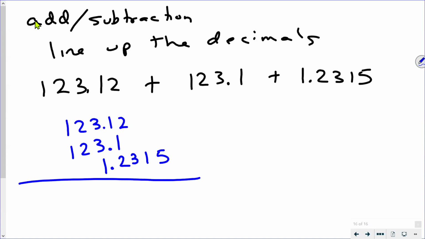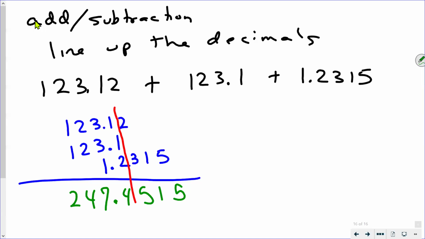This is the subtraction rule: line up the decimals. Addition and subtraction rules are different from multiplication and division. So I need to figure out, where do I stop? Addition and subtraction says I look for the number that has the least number of digits after the decimal, and that's where I stop. So that's a 5, that's a 1, that's a 5, that's a 4, there's a decimal, that's a 7, that's a 4, and that's a 2.